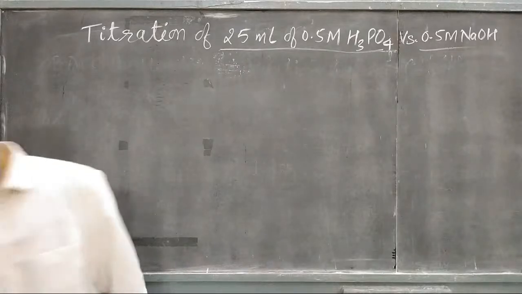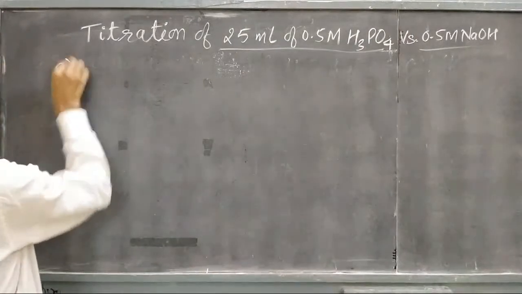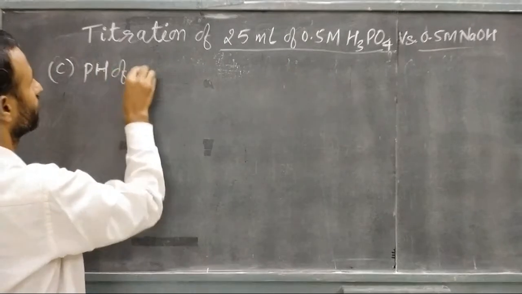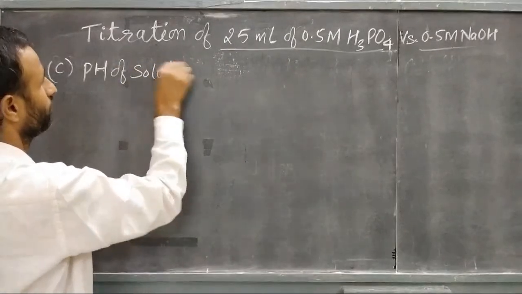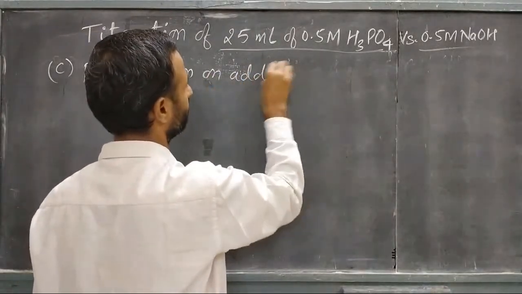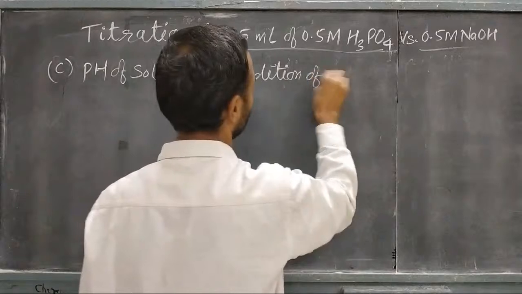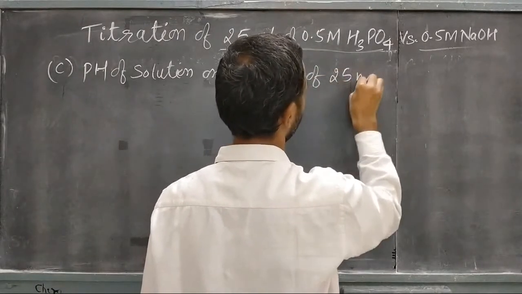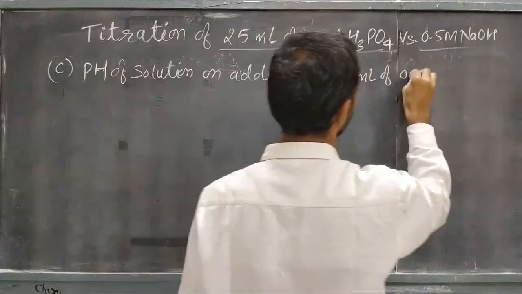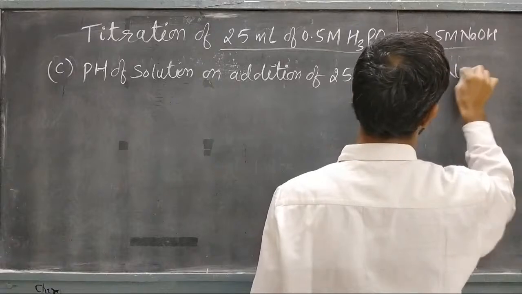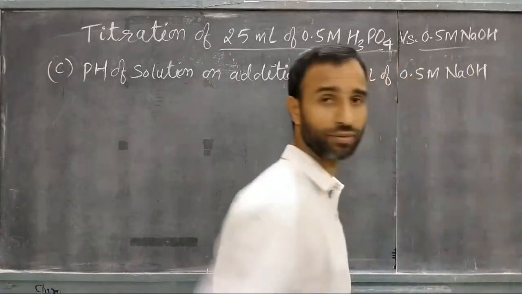Now part C: the pH of the solution on addition of 25 ml of 0.5 molar sodium hydroxide.